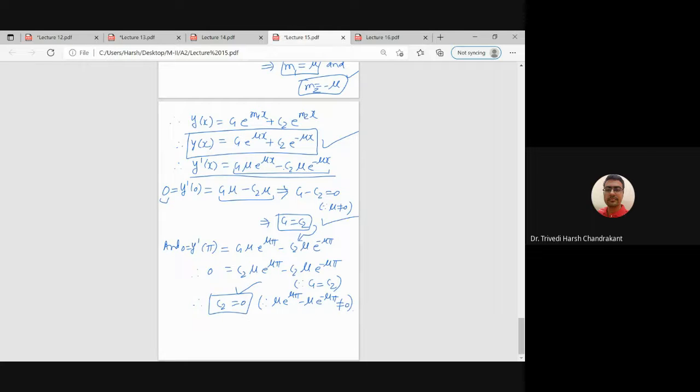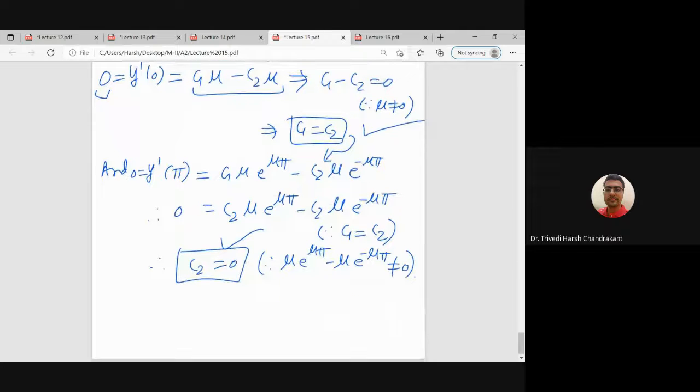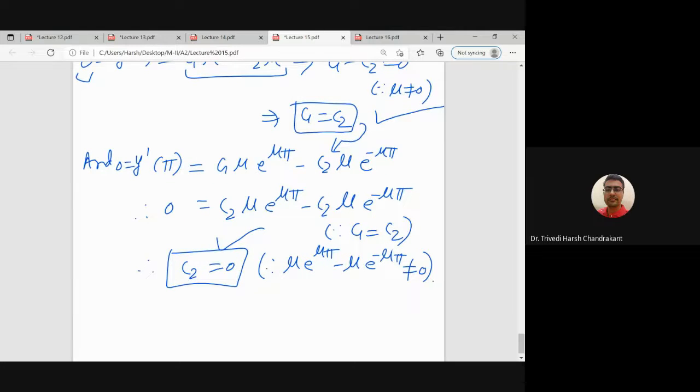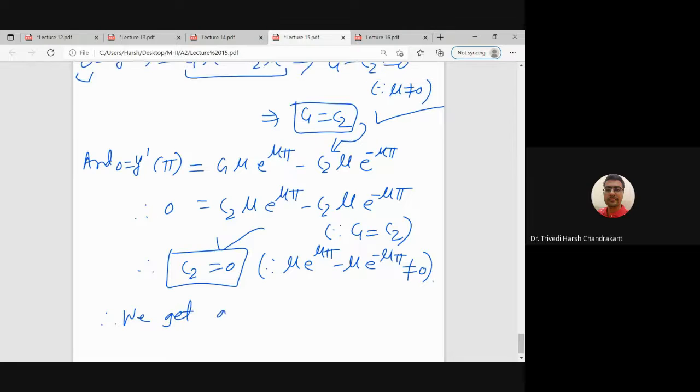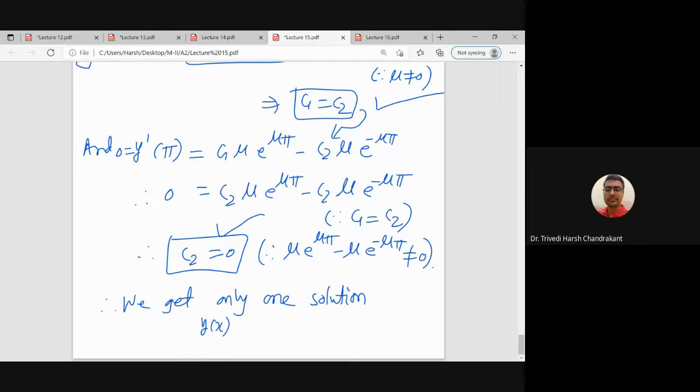If we substitute c1 and c2 as 0 in the general solution, we get the only one possible solution, that is y(x) equal to 0. So therefore we get only one solution, y(x) equal to 0 in this case.